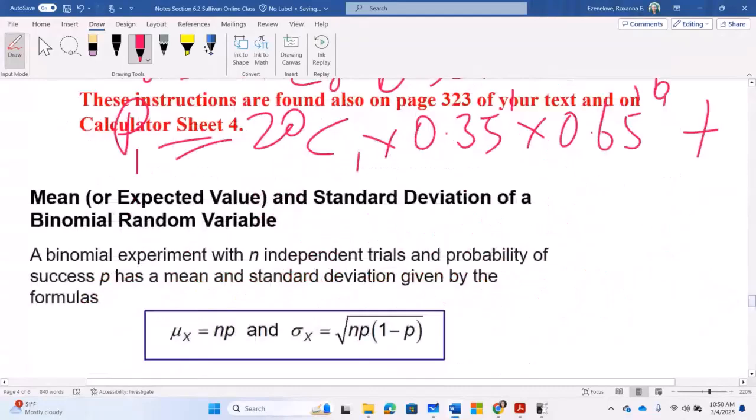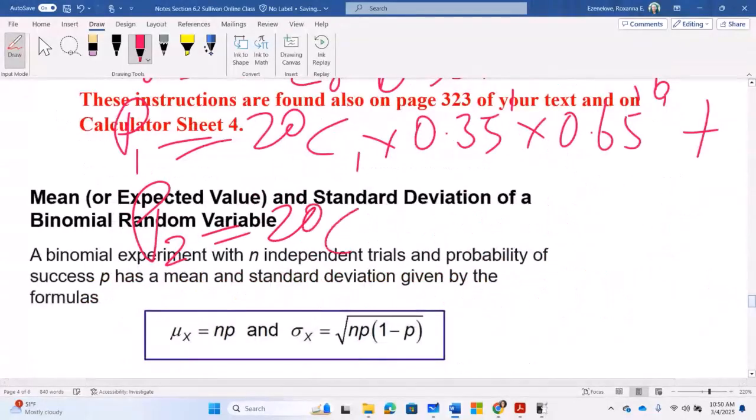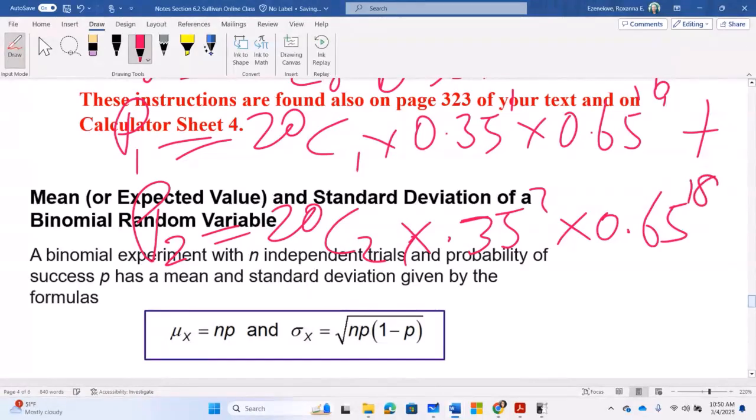Then I find P2. And what is P2? 20 combination 2, success to power 2, and failure to power 20 minus 2. So you just have to make sure you understand P1, P2, P3.